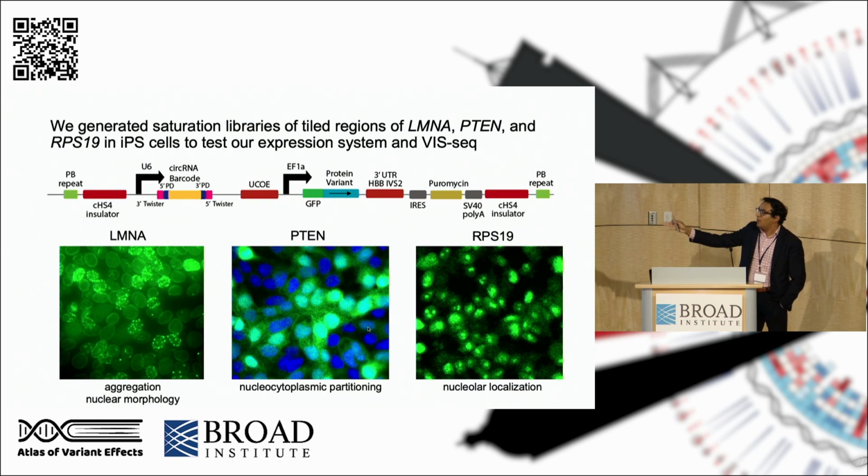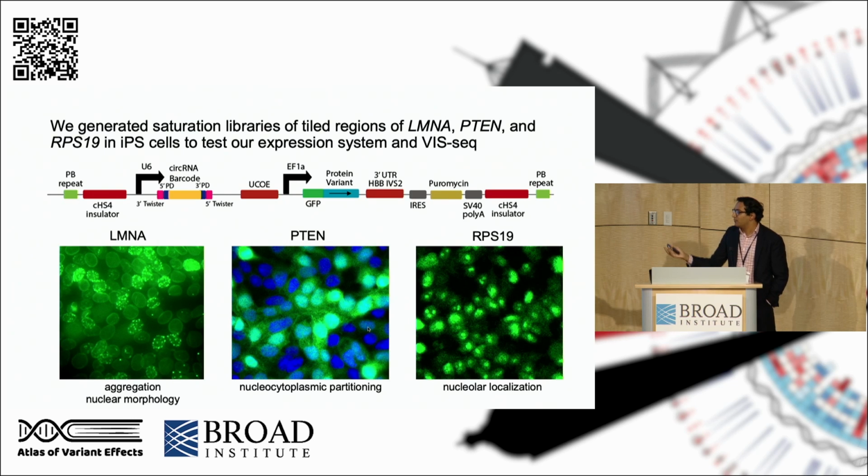We cloned libraries of all 3 of these into this vector, and then used some of the vector's features for preventing silencing to put it into iPSCs, and we're able to get iPSCs that express these 3 different saturation libraries of parts of these 3 different proteins.